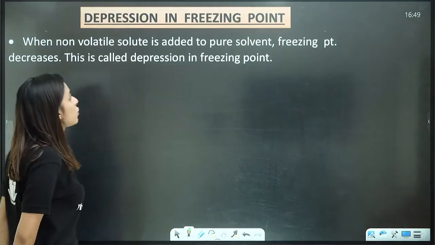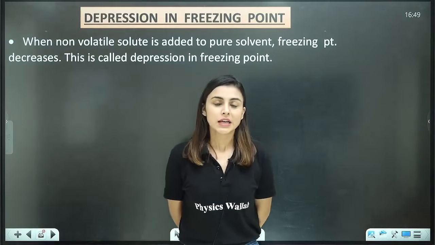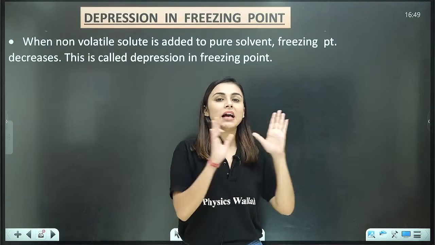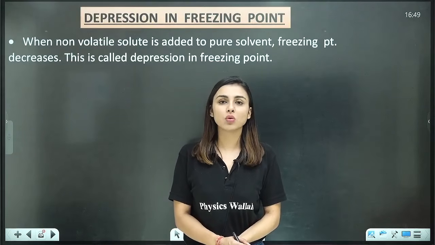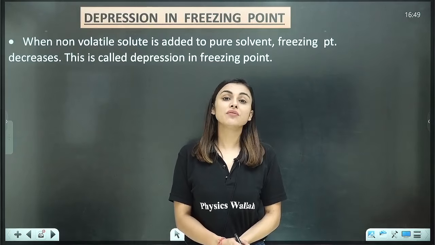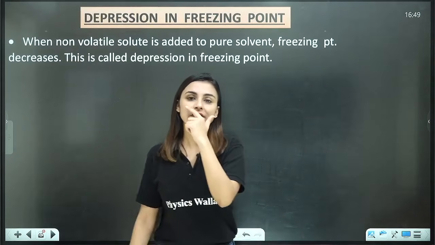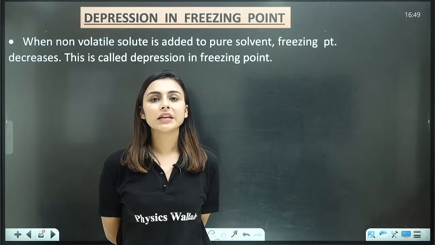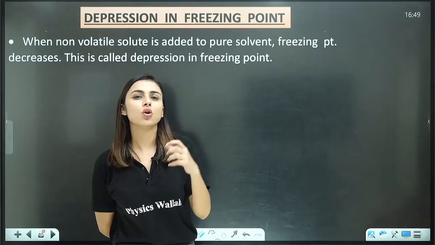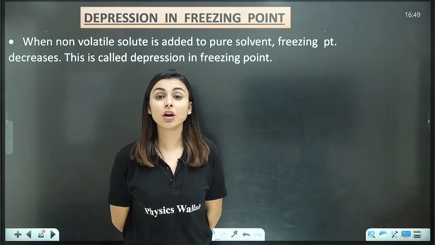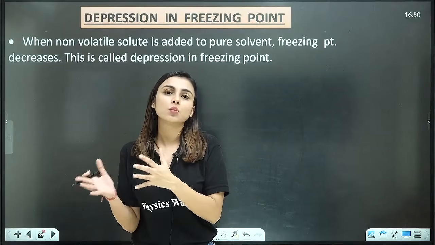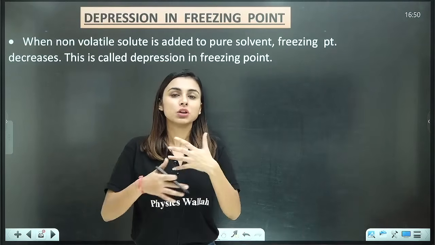Now we are going to talk about depression in freezing point. It is exactly the same as we have discussed about elevation in boiling point, my dear students. To understand this depression in freezing point, I'll give you a live example. Whenever in snowy areas like Auli or Mussoorie, where snowfall takes place a lot, many a times due to heavy snowfall the roads are blocked.